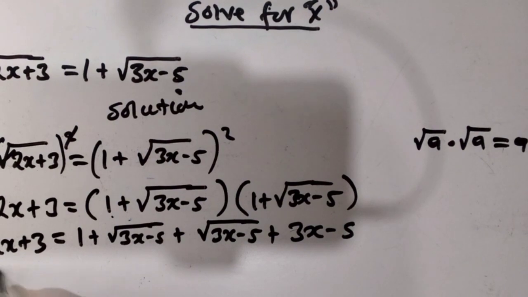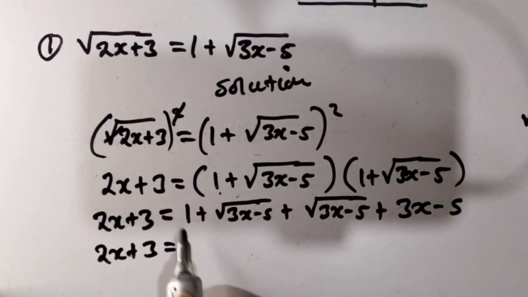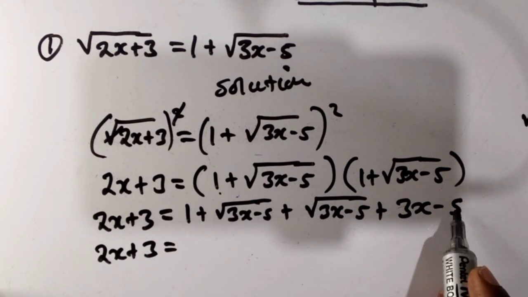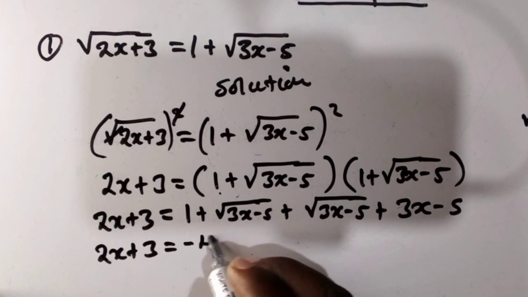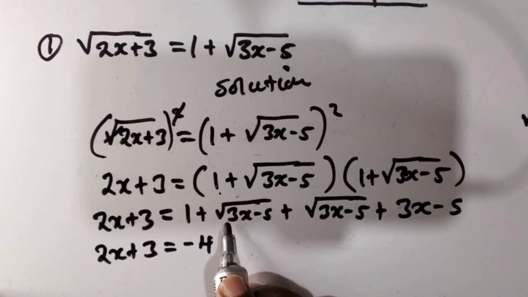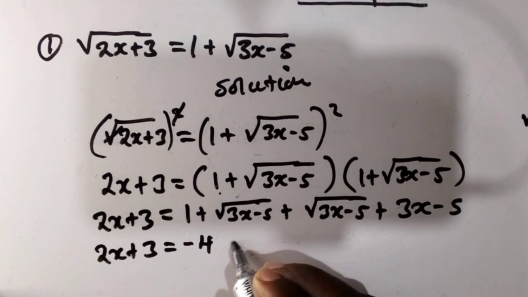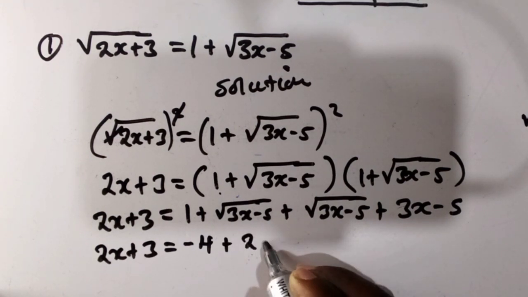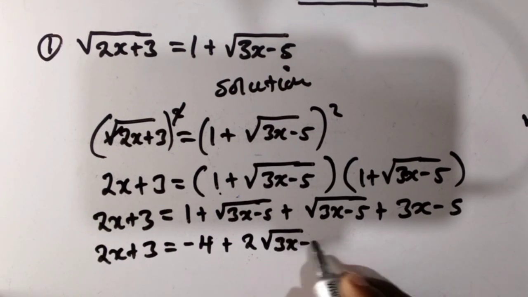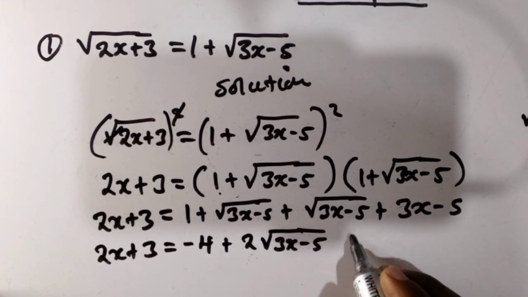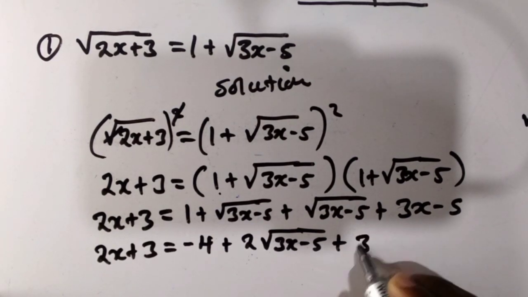Then 2x plus 3 equals, we have 1 and minus 5, so 1 minus 5 is minus 4. Then the square root of 3x minus 5 plus the square root of 3x minus 5 gives plus 2 square root of 3x minus 5. Then plus, here we remain with 3x.